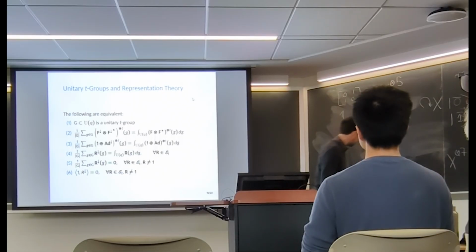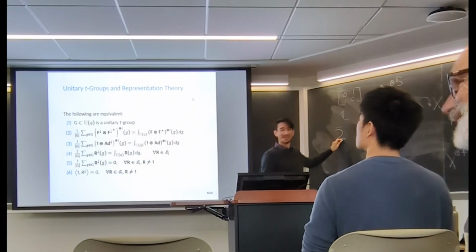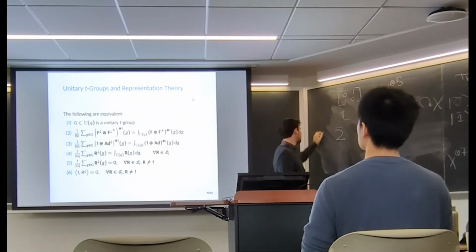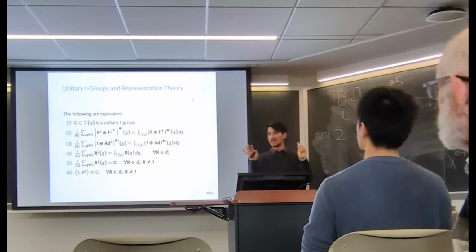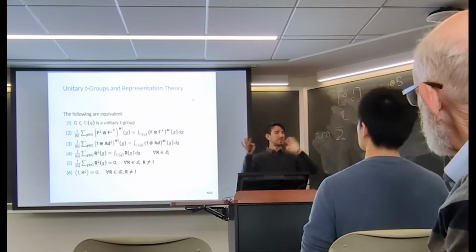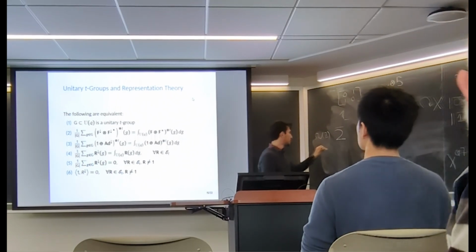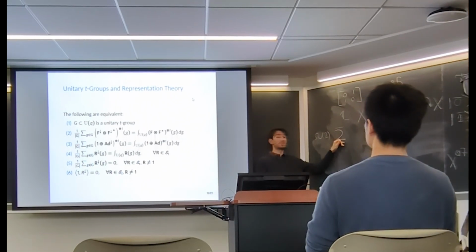Call this bold 2, I guess. There's a unique irreducible representation of SU2. You can kind of work with SU2 all the time because it's quantum mechanics, so global phases don't matter. So PU2, SU2, U2, it's sort of all one and the same. So it's a unique irreducible representation of dimension 2 of SU2.